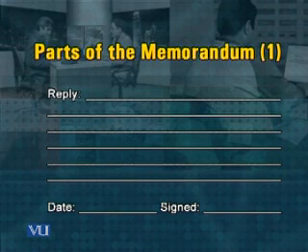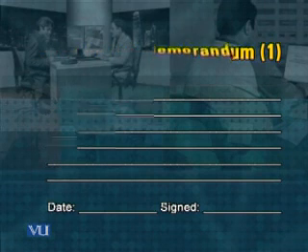So it makes sure that the date of the communication is written and the person who has written this message has signed the memo. So these are different conventions of writing memos.